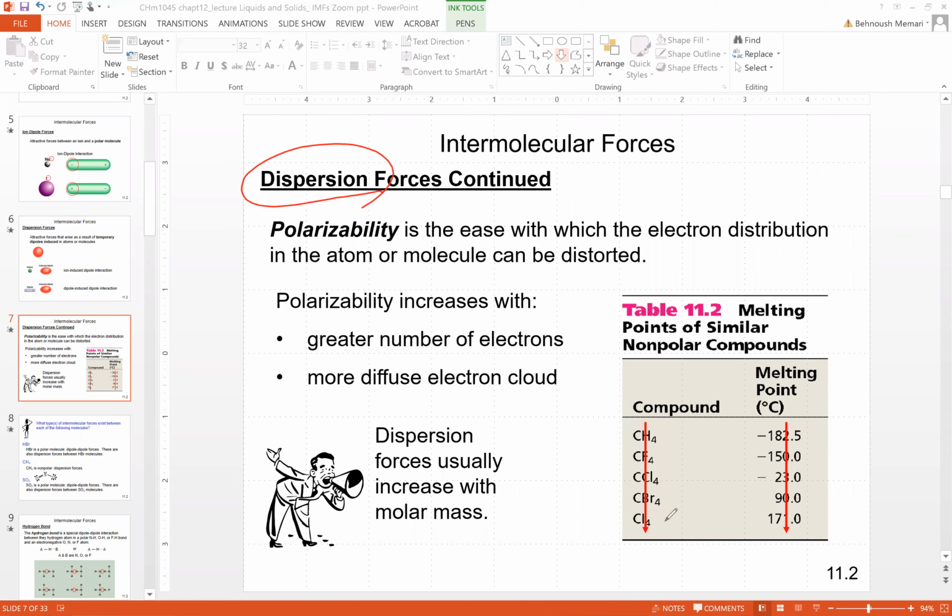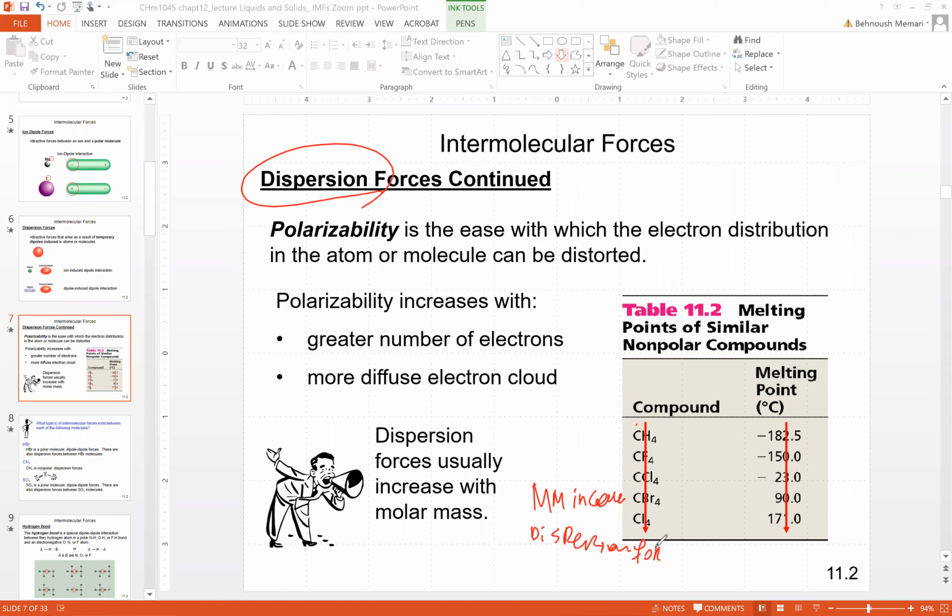And then we have the dispersion forces increasing as the molar mass increases. As you go down, the molar mass, or molecular weight, is increasing, and the dispersion forces are going to increase.